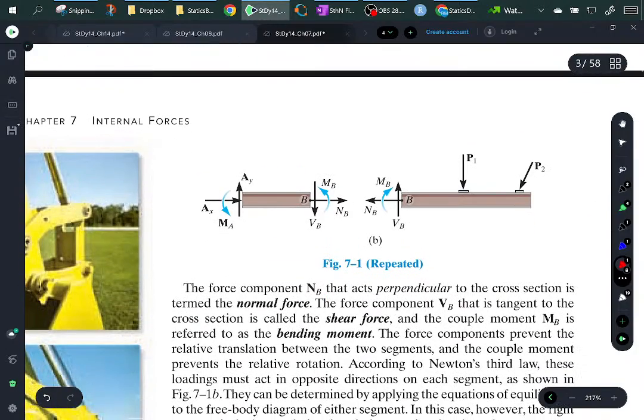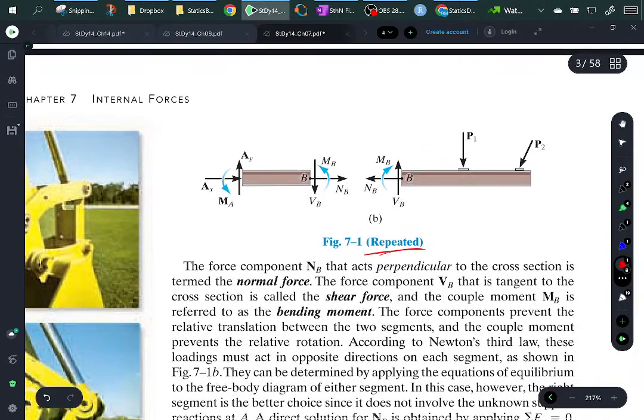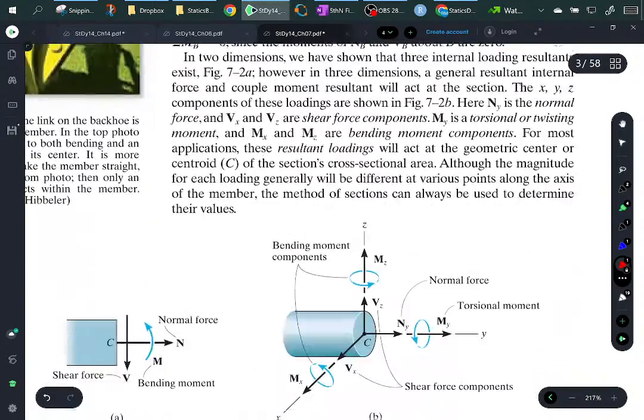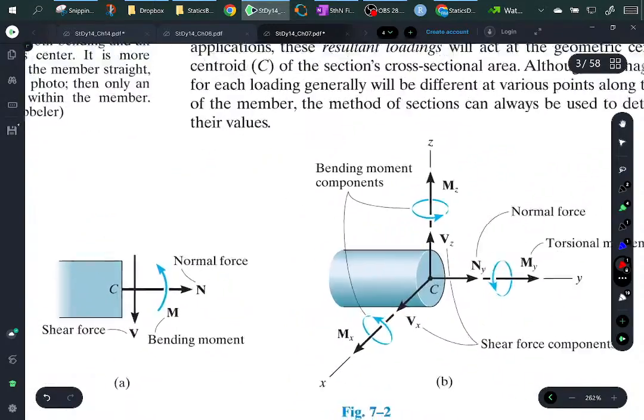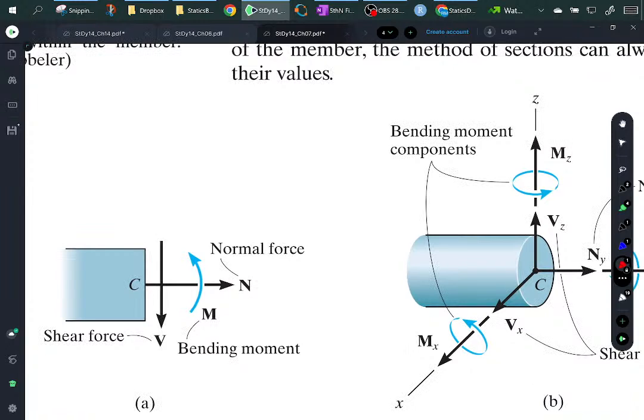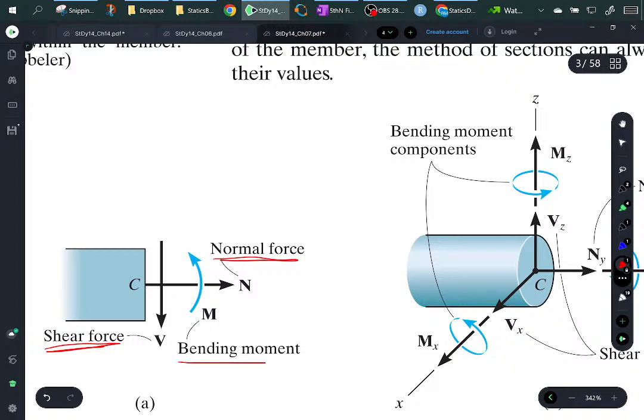And he's repeated the drawing. He talks about it a little bit through here, and he talks about each of these terms. There's what's commonly called a shearing force, a normal force, and a bending one.